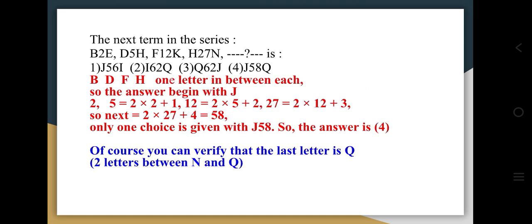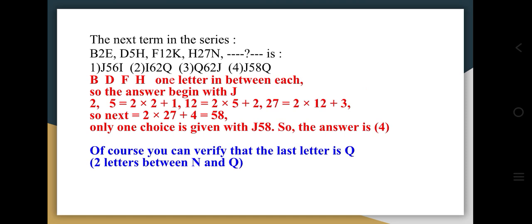So in the next term of the series, 58 have to follow after J. So in the answer choice, 58 is in only one answer choice. So the answer is J58Q. Of course, we can verify that the last letter in the next term is Q, because after E, H comes.